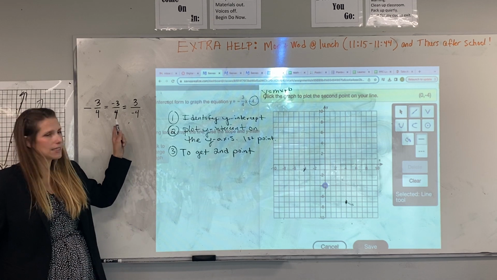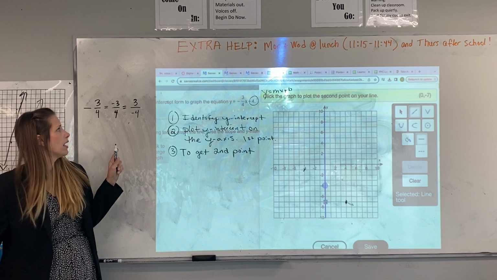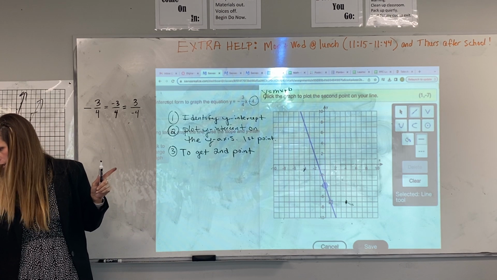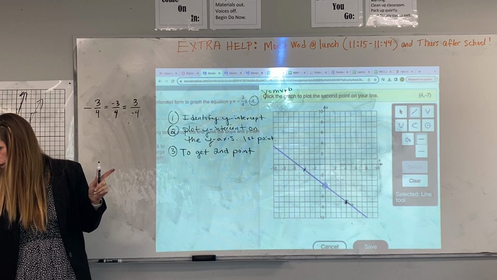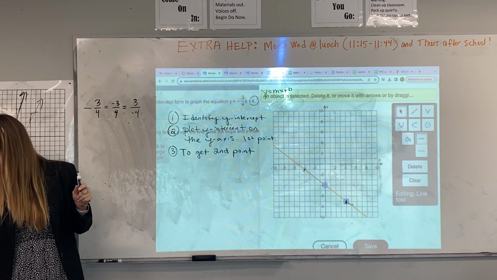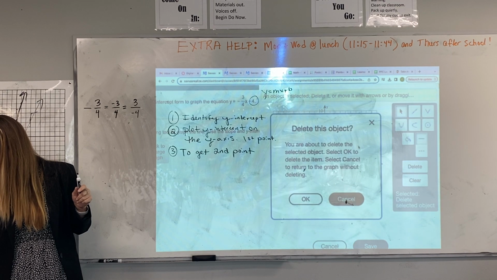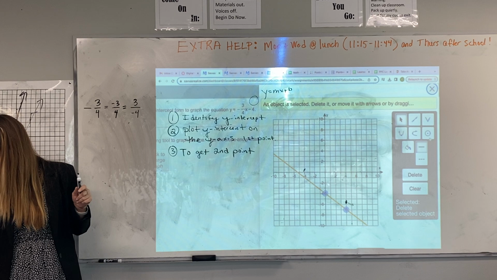I can go down 1, 2, 3, and over to the right 1, 2, 3, 4, and I can make my point like that. How do I delete my last point?